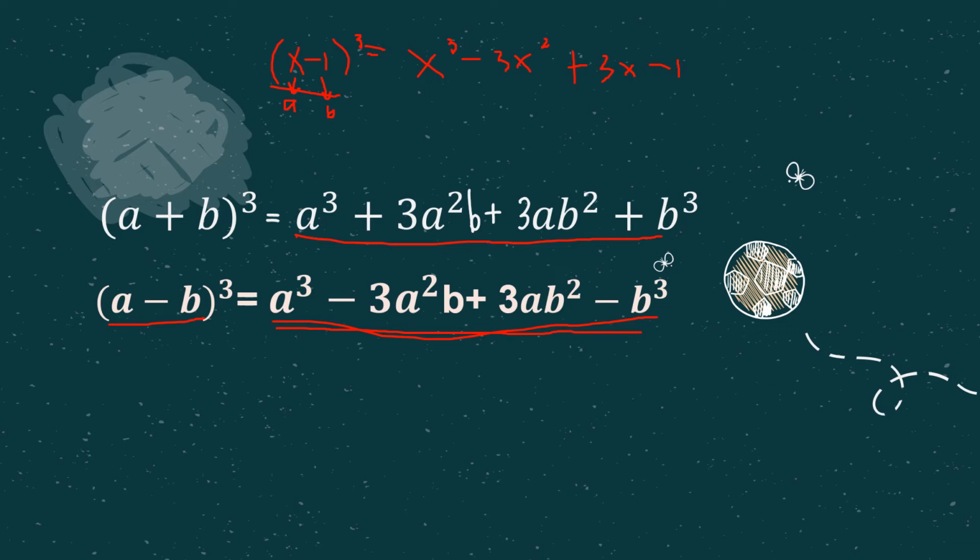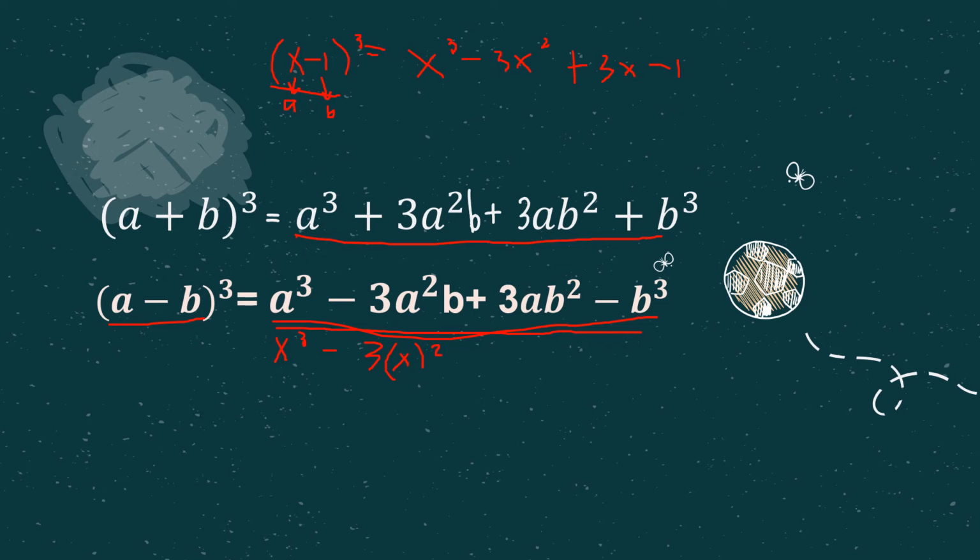Dito ninyo siya isa-substitute. So, for example, ang ating A ay x, tama ba? So, x cube. Papalitan lang ninyo lahat ng A at saka ng B. So, ang ipapalit ninyo ay si x at saka yung 1. So, minus 3 times, ang A natin ulit ay x squared. Ayan, squared.